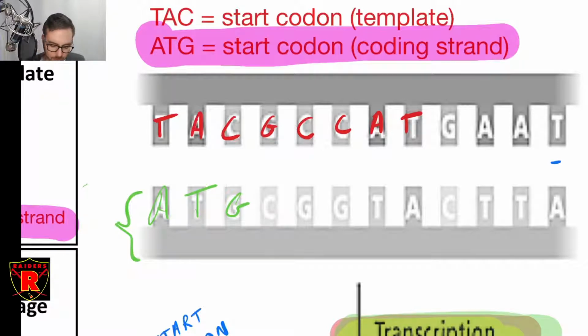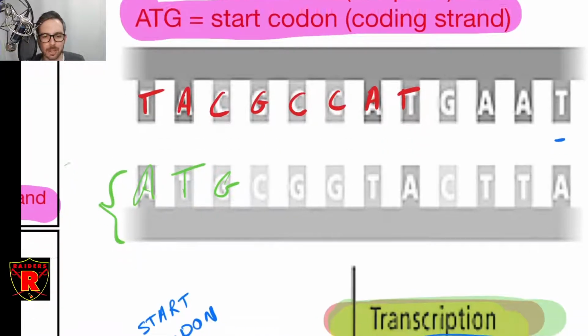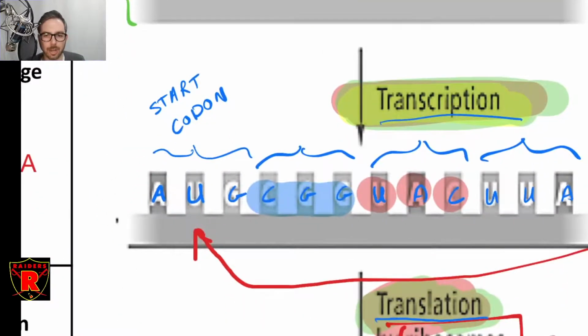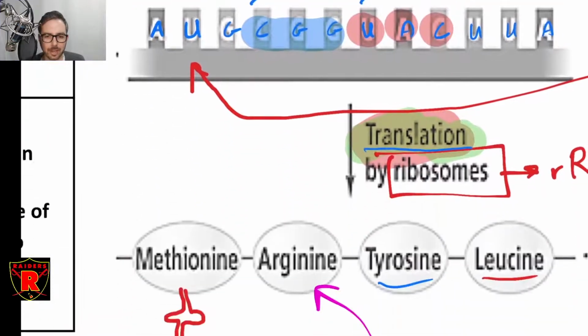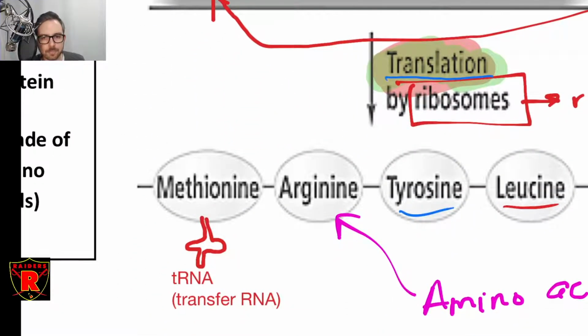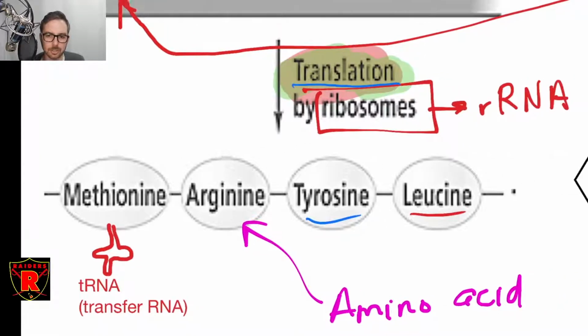So it'd be A, U, G, etc. Okay, then that mRNA strand is going to go out of the nucleus and attach to a ribosome. And the ribosome is going to go through and read it 3 letters at a time, and it's going to add an amino acid for each 3-letter sequence, which is called a codon. Okay, methionine, arginine, tyrosine, leucine.